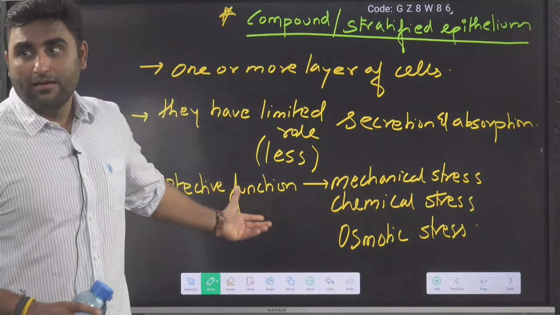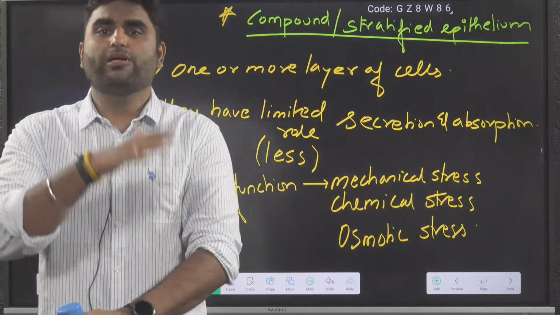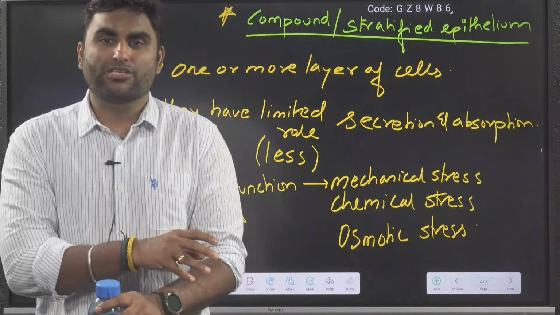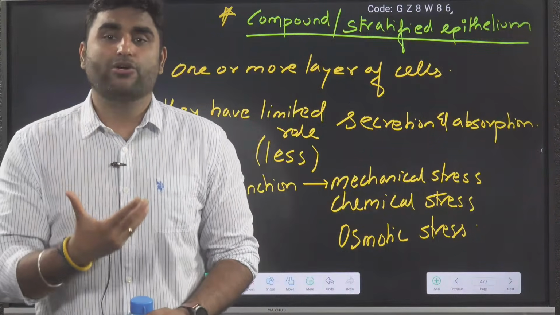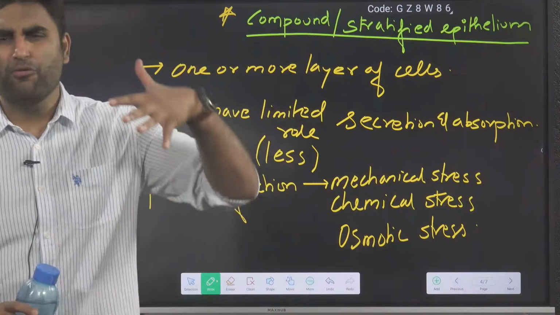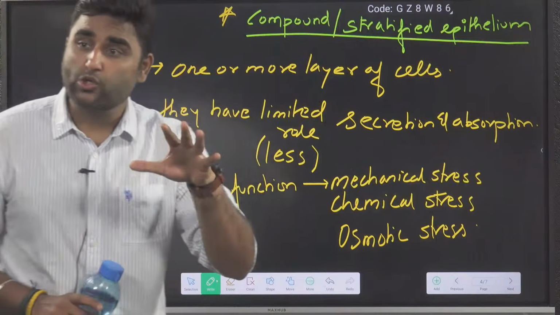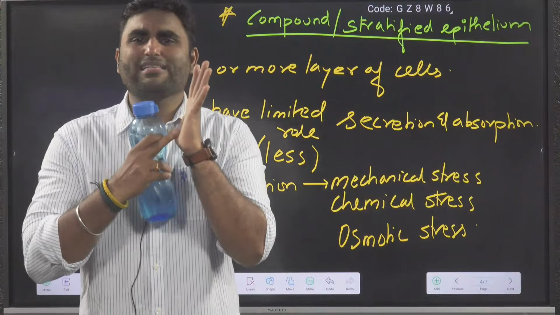So that's why this multiple layer protects you from mechanical stress, any injury, any physical damage, or if some chemical is put on your skin, or you take harmful chemicals, so that it doesn't damage your lining. So you have stratified epithelium. And it protects from osmotic stress. If you put your hand in sea water, highly salty water, your hand will show some wrinkles a little bit.